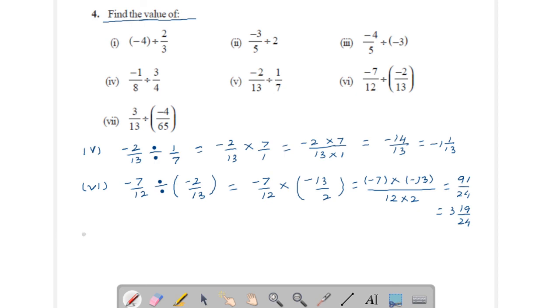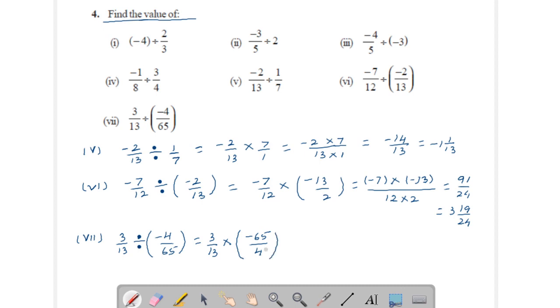Now come to seventh part. 3 upon 13 divided by minus 4 upon 65. This can be written as 3 upon 13 into reciprocal of minus 4 upon 65. You will get minus 65 upon 4.